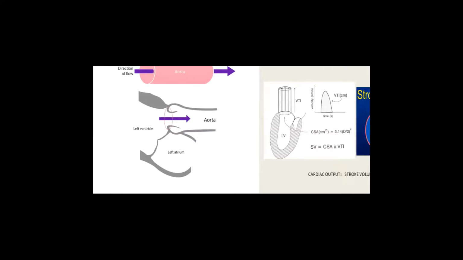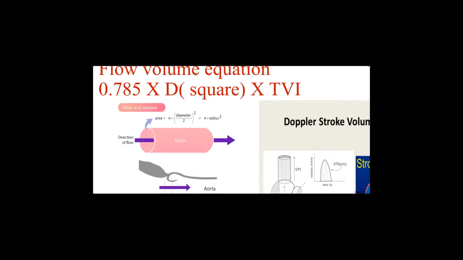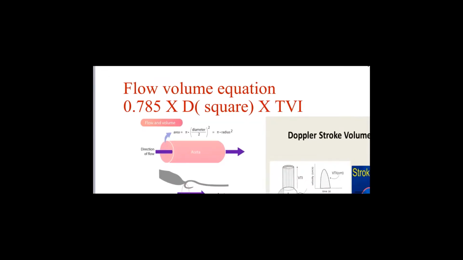Two: diameter and TVI. Okay? And use this equation: 0.785 times diameter squared times TVI. You get the volume at any particular point.